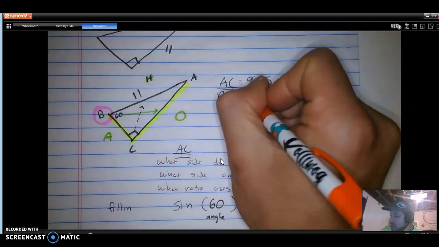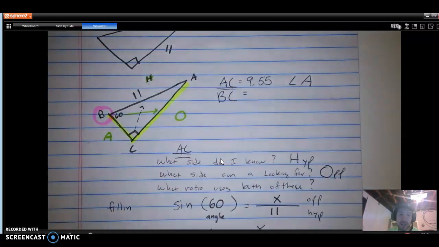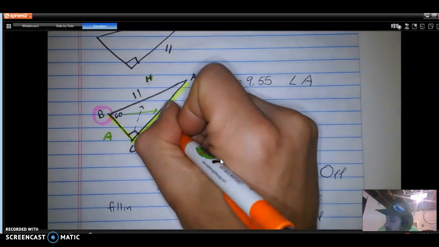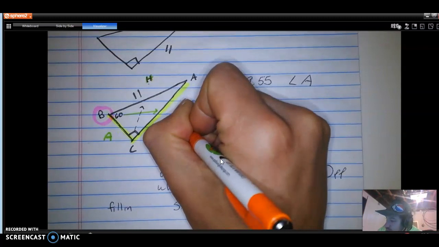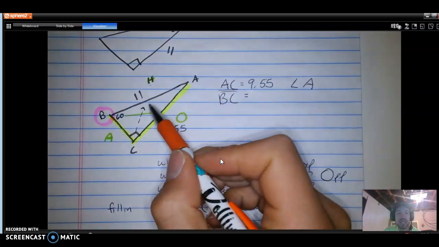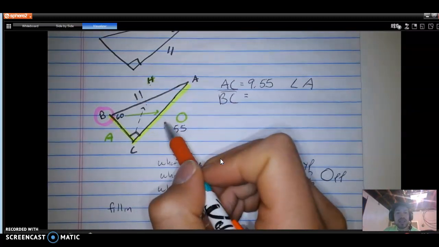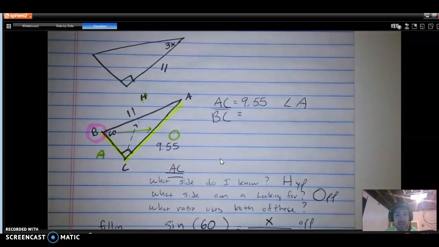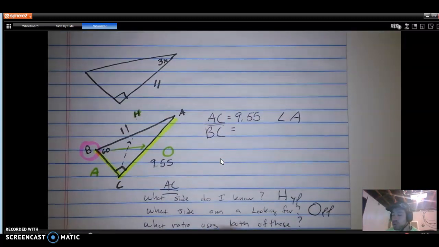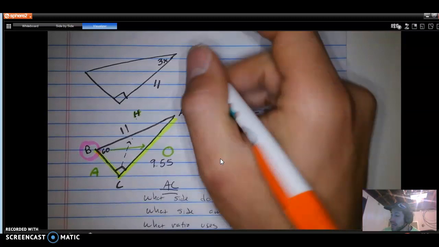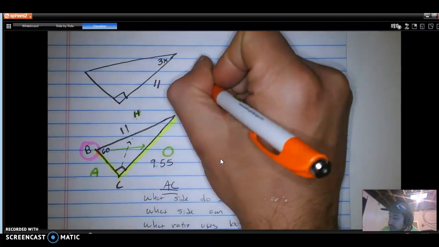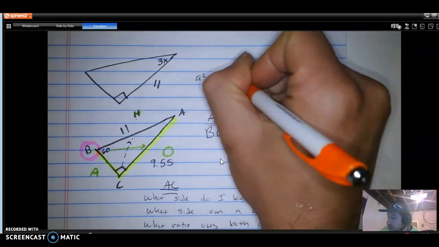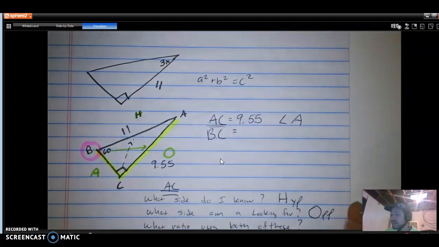We still have another side we have to solve for though, and another angle. But luckily, we're looking pretty good right now. Notice in this triangle, if you know two sides, we can use the Pythagorean theorem. You don't need to use trig again. I can say a squared plus b squared equals c squared.